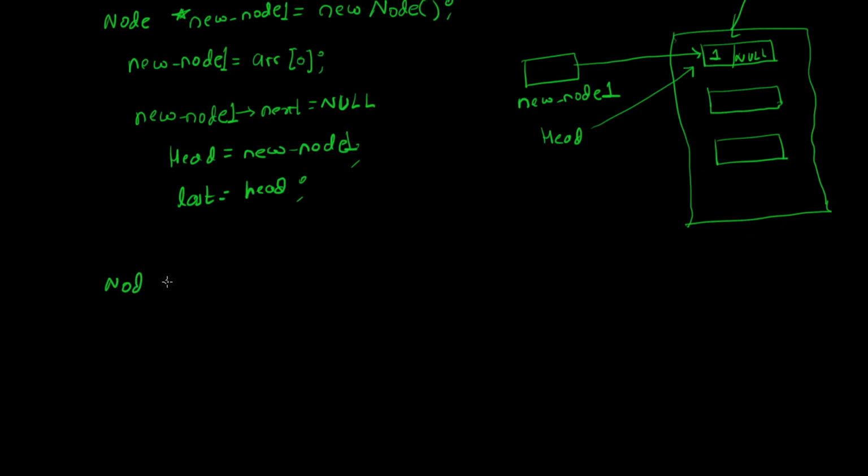So obviously we are going to do this, new node 2 is equal to new node. Now again this is new node, and it's pointing to this address. If we say this address is 100, so this will have 100, and it will also have 100.